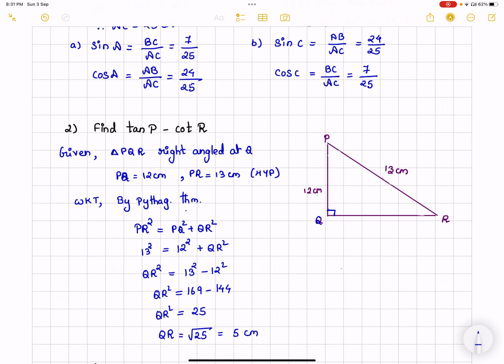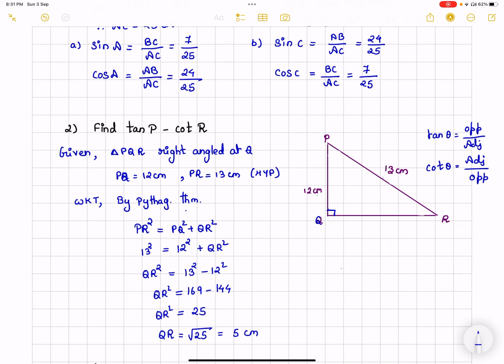Now what are we going to find out? We are going to find out tan and then cot. And we know very well tan theta is equal to opposite side divided by adjacent side. And then cot theta is equal to adjacent side divided by opposite side. It's a reciprocal of my tan.